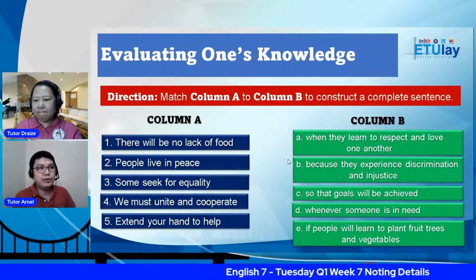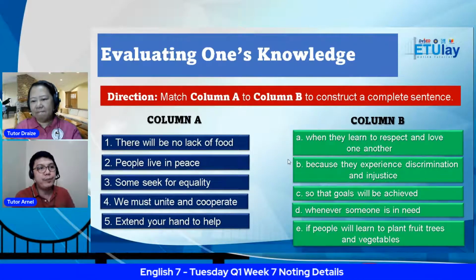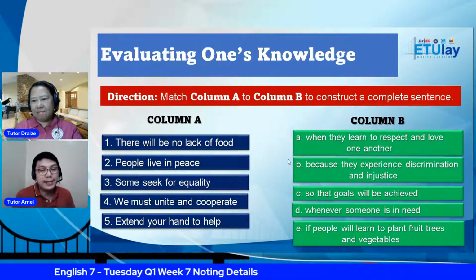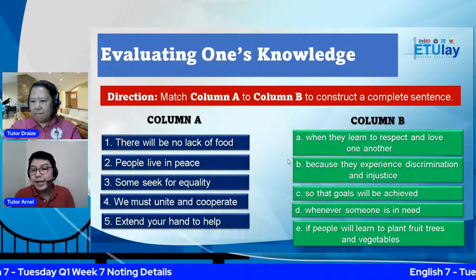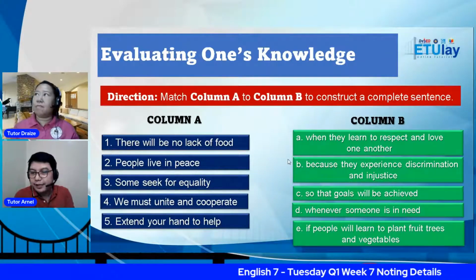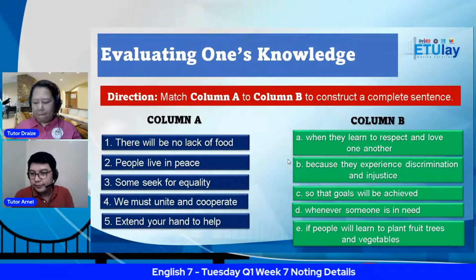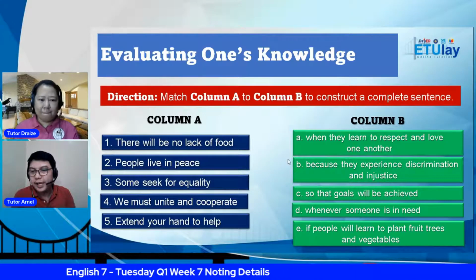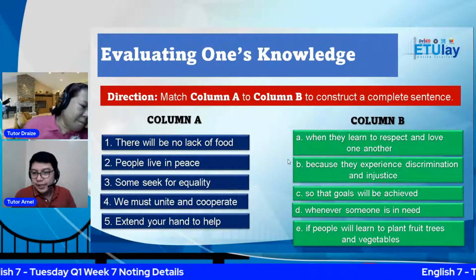There will be no lack of food. So please choose from column B which clause fits it to make a complete sentence. So you just have to type in the letter. So for number one, what do you think is the clause?